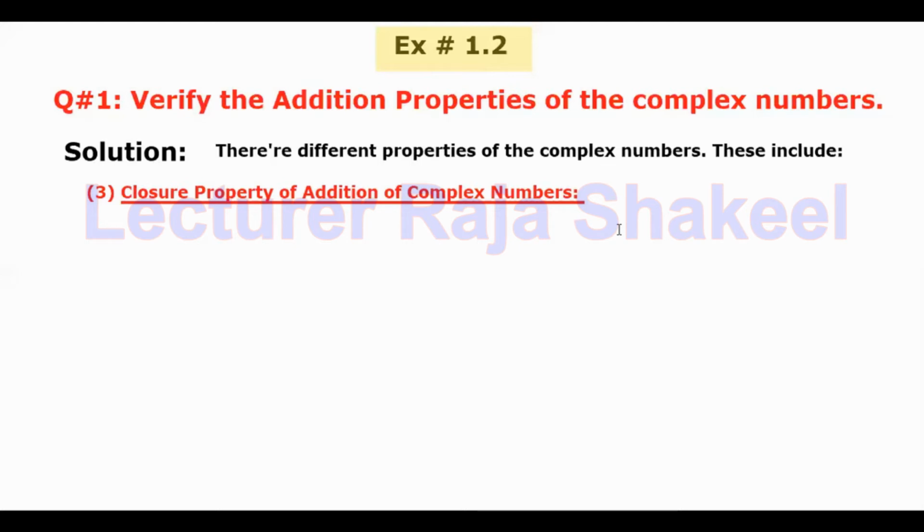So for this purpose, we have to consider that for all, we have C1. C1 is a complex number we are considering, which is A1 plus B1 iota, while we are also considering another complex number, C2, and C2 is equal to A2 plus B2 iota.